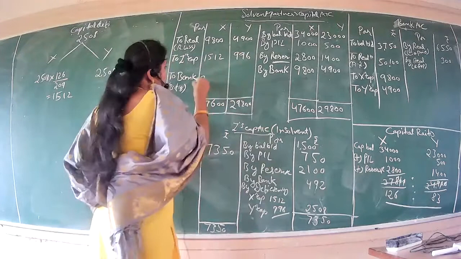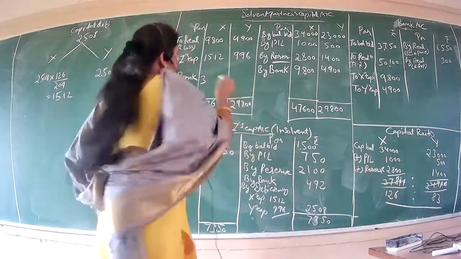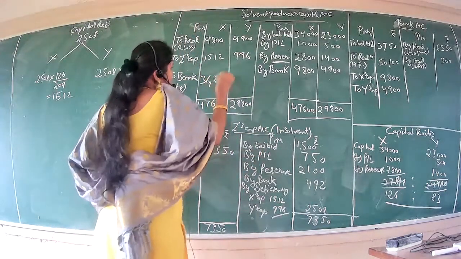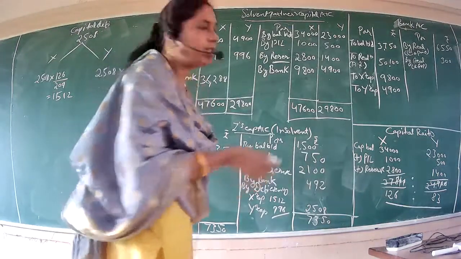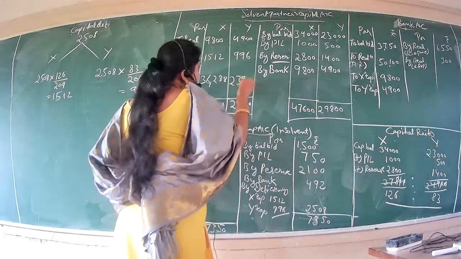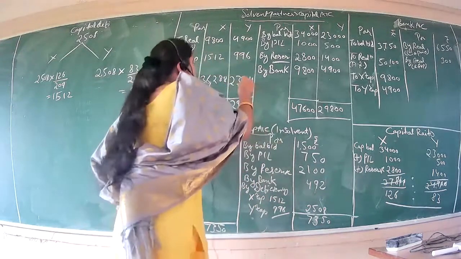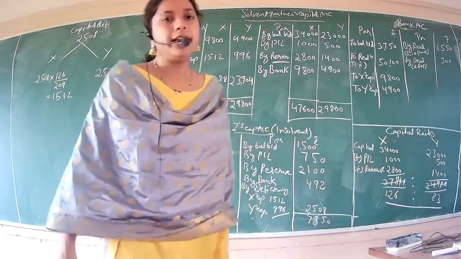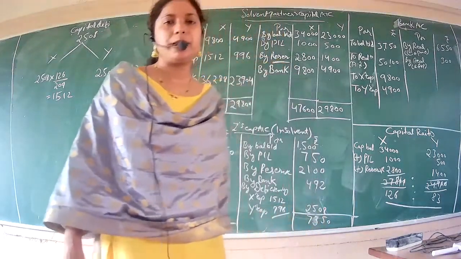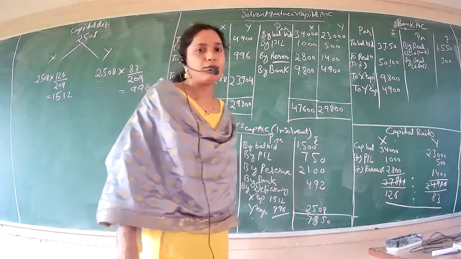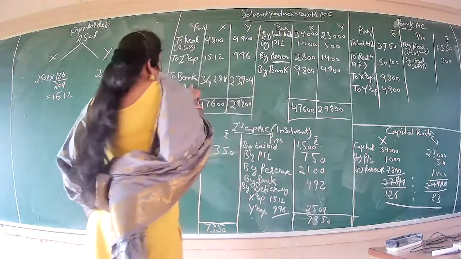For X we are getting 36,288, and for Y we are getting 23,904. That means on the dissolution, X will get from firm 36,288 and Y will get the 23,904. Okay, and this is bank.